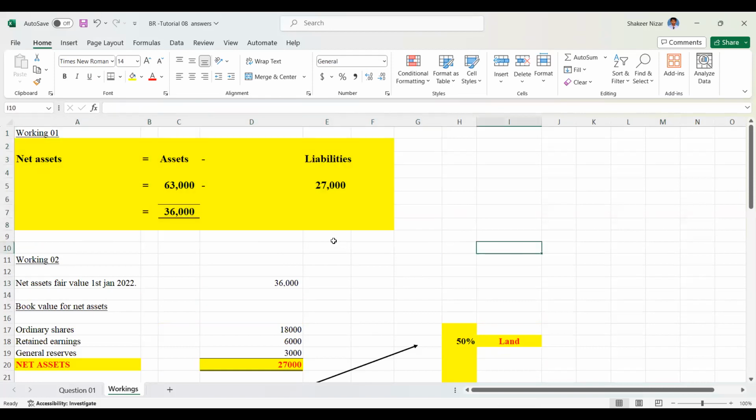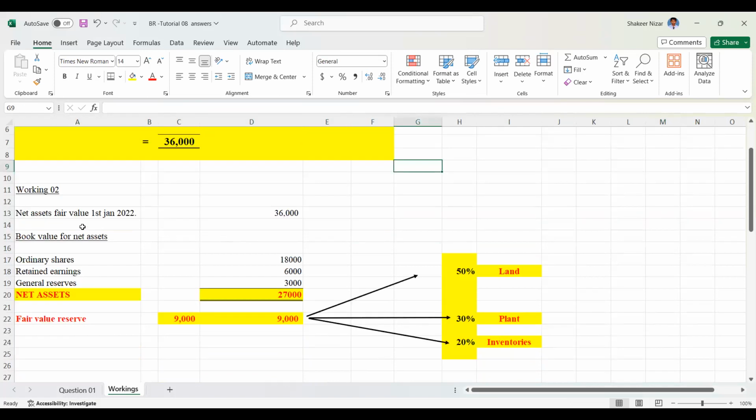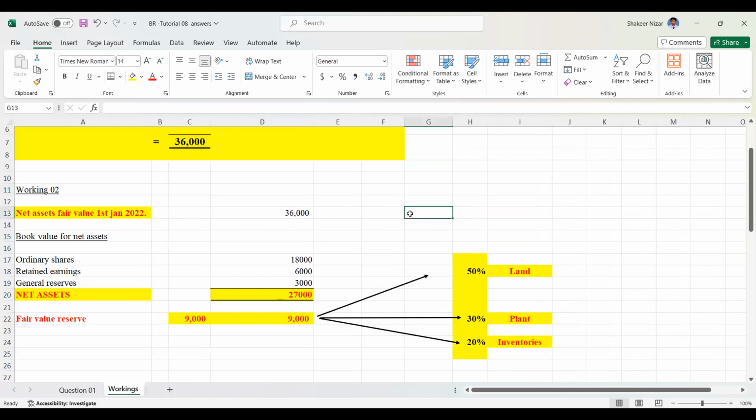So it's clear. The net asset fair value as at 1st January 2022 is, sorry, not the reporting date, the acquisition date fair value, right? As per the question it is 36,000, but at that date the book value should be ordinary shares, because it's not mentioned that the ordinary share capital changed over the period.